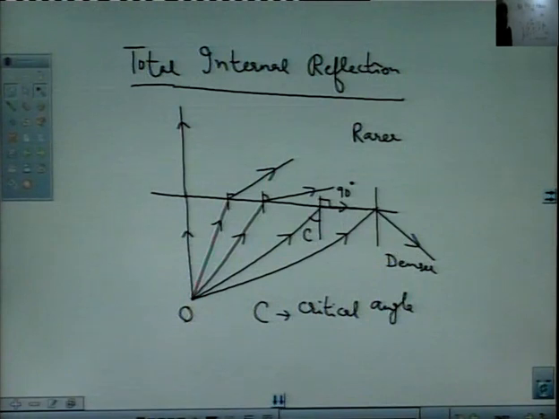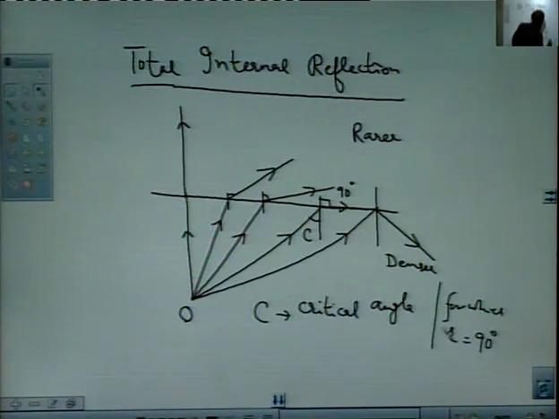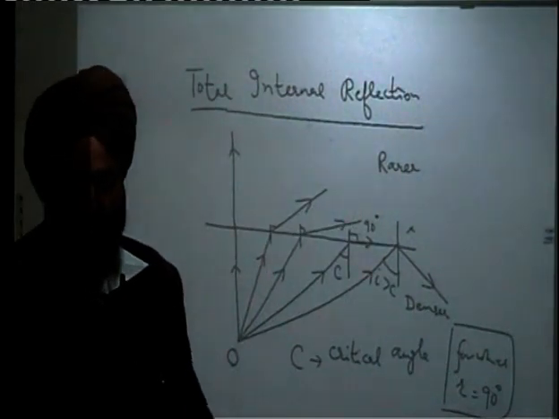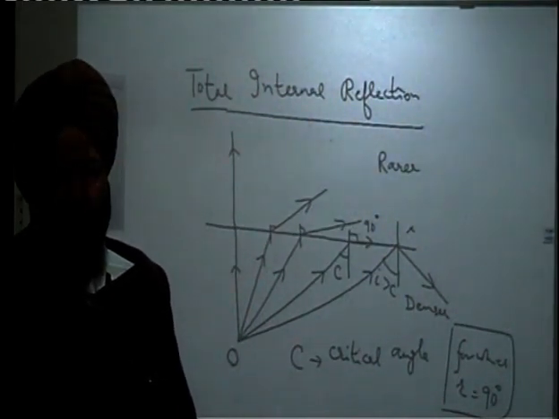Critical angle is the angle of incidence in the denser medium for which the angle of refraction is 90 degrees. When our angle becomes greater than the critical angle, light will not go to the rare medium. It will come back to the same medium, which is the denser medium.